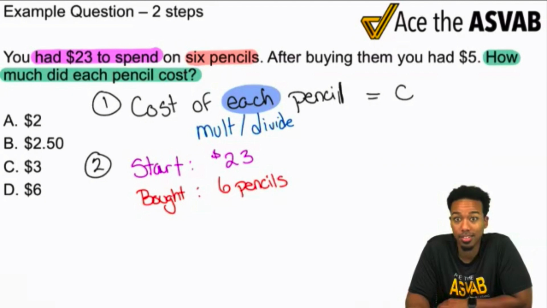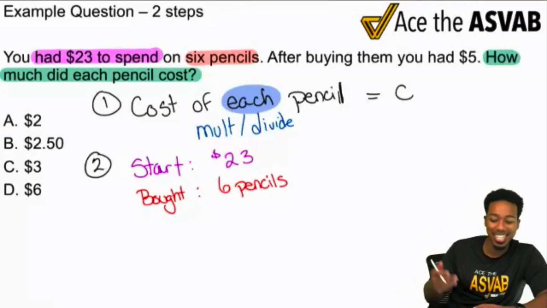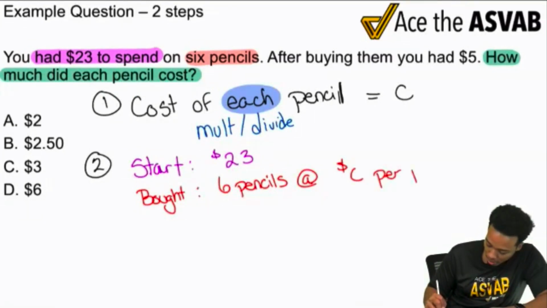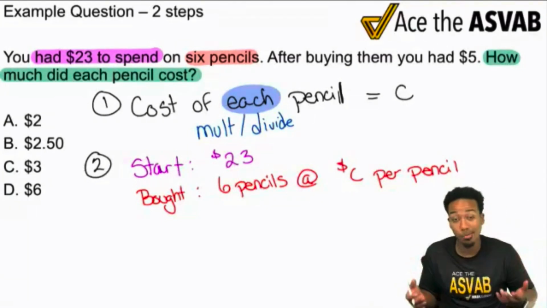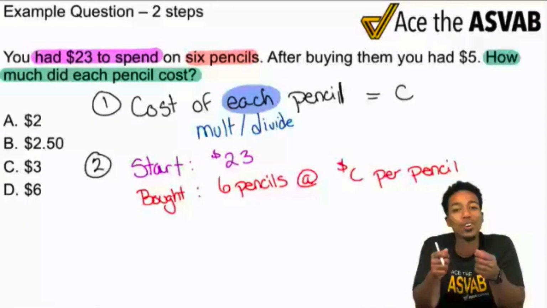Hint, hint. What did we label? Yeah, C. All right, so C. We used C. All right. 6 pencils at C dollars per pencil. Again, do I know the exact number? It doesn't matter right now. We are going to figure that out.